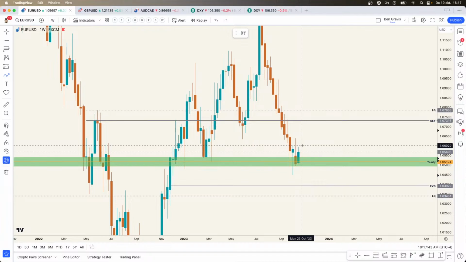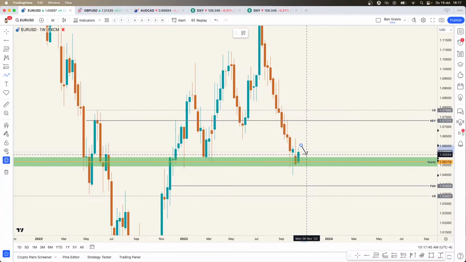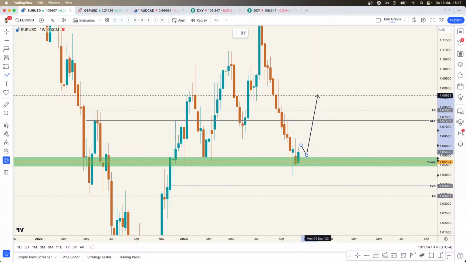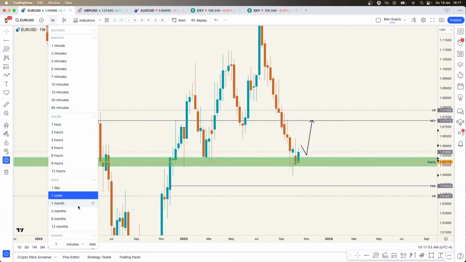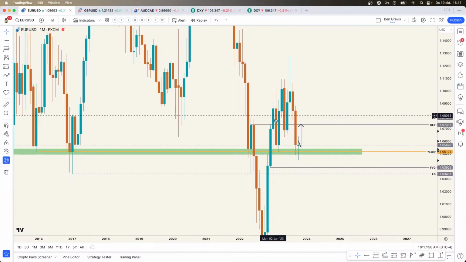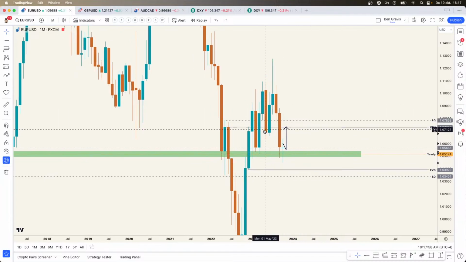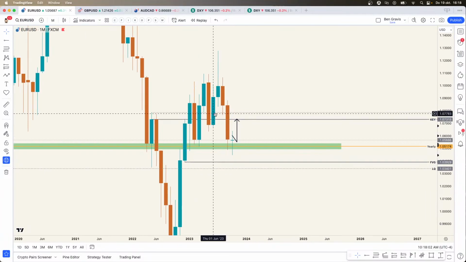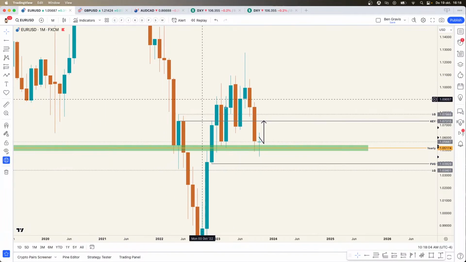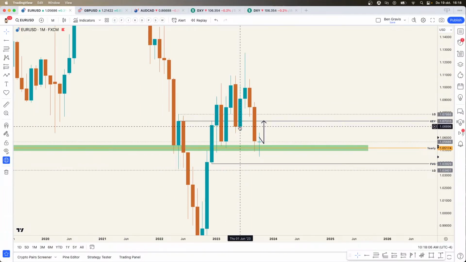What do I want to seek? Most likely a move back down and then the move higher towards that key level. Or on the monthly, you can see that we, well, maybe this is the monthly order block over here, but you can see this as a whole, so this is going to be quite some resistance.